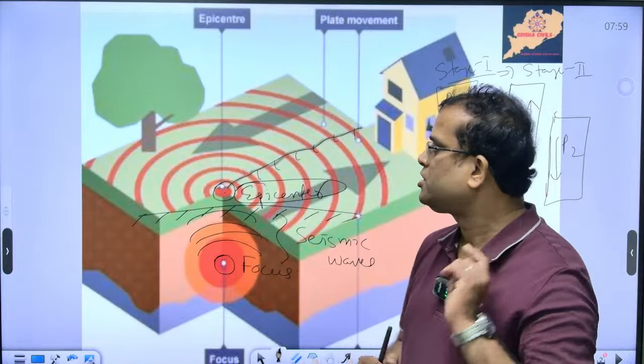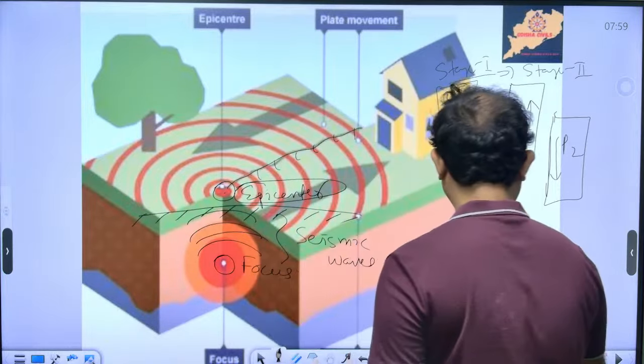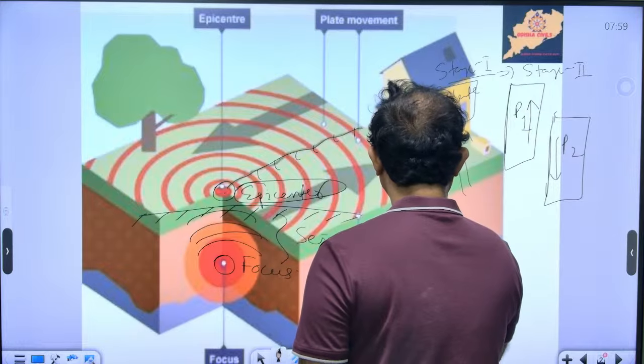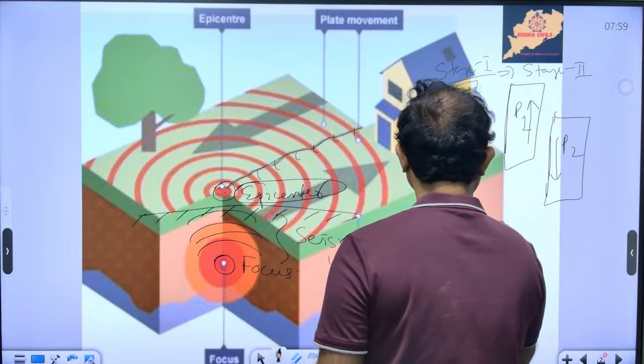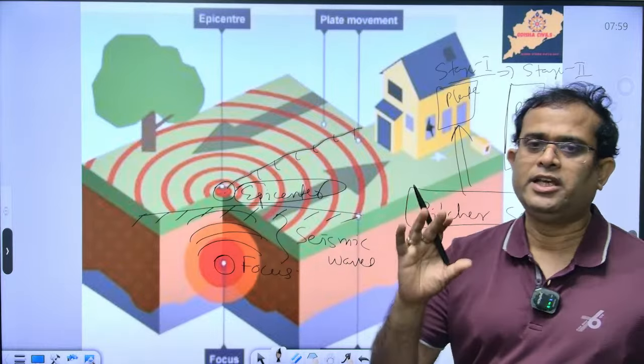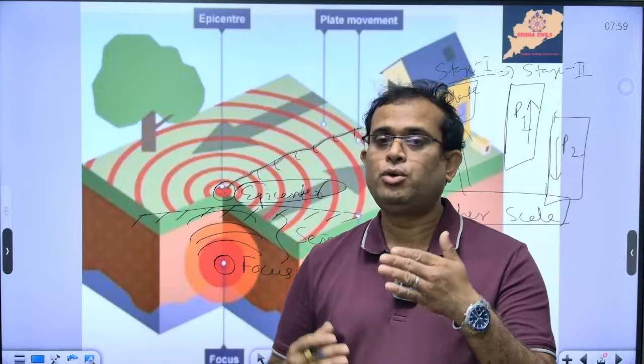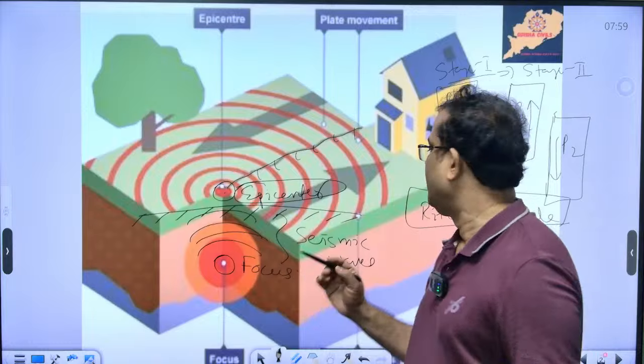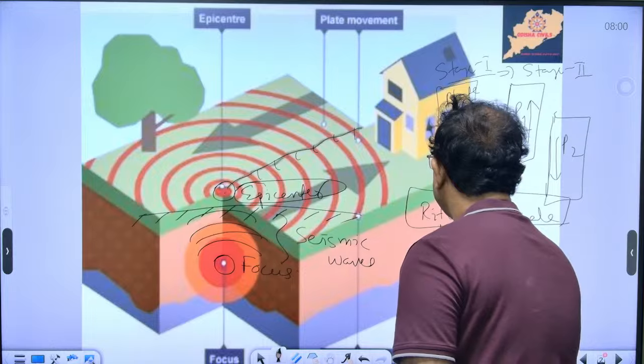I have written about the Richter scale. The Richter scale is an instrument where the magnitude is gauged, measured in quantity.